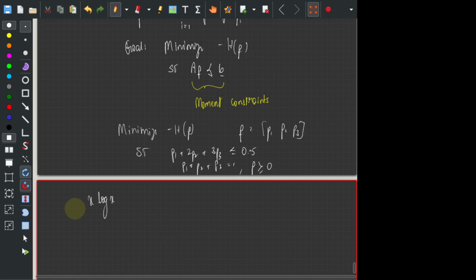No, I'm imposing this additional constraint that the mean is less than or equal to 0.5. Let's say 1.1. So x log x is convex, so this is a convex optimization problem.